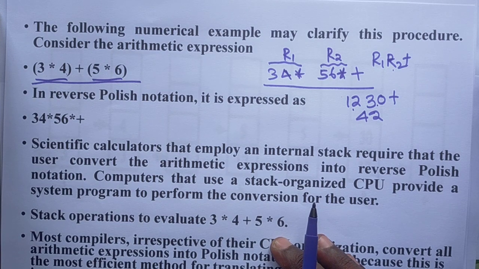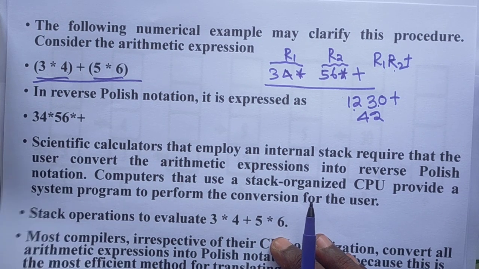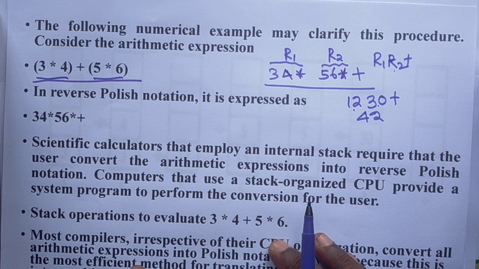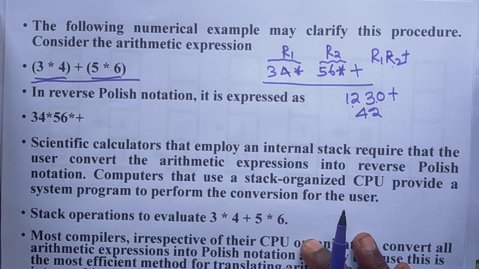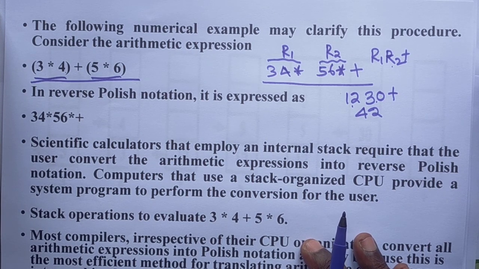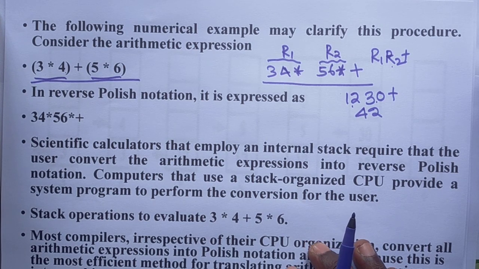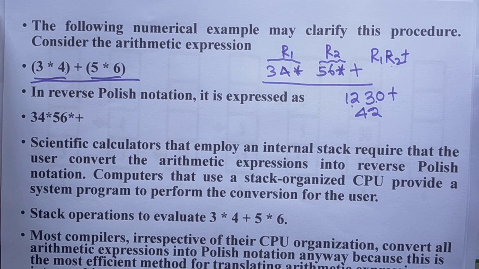Okay, I will show this kind of result in a very simple way. So this is the basic concept whenever we go through reverse polish notation. Okay, so I will discuss this kind of operation using a stack. Then I will discuss in a very easy way how the stack is used for this particular operation.